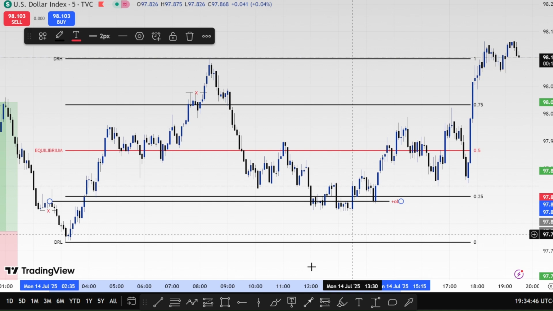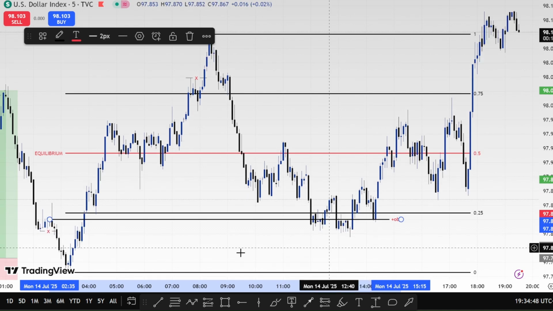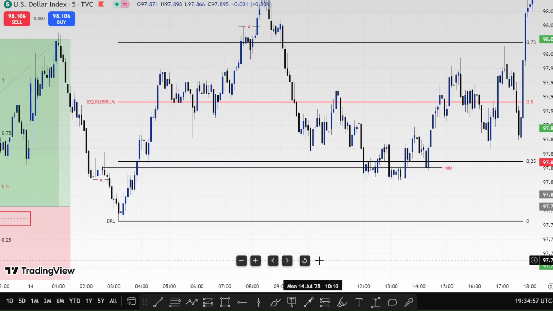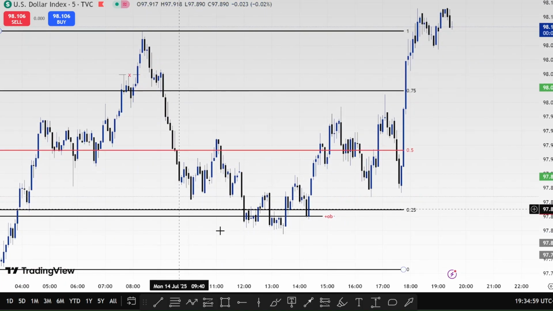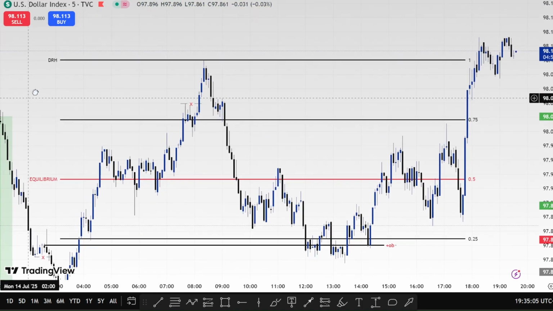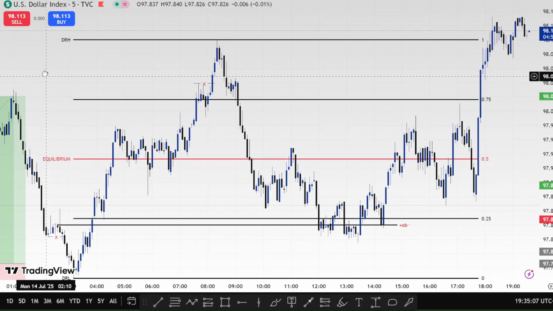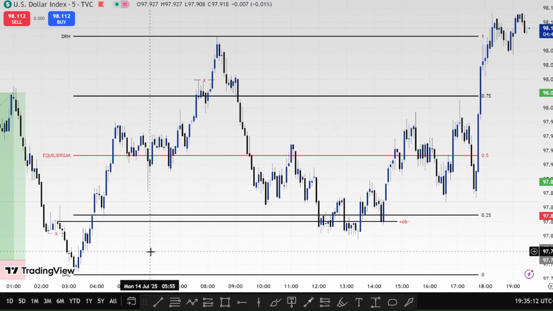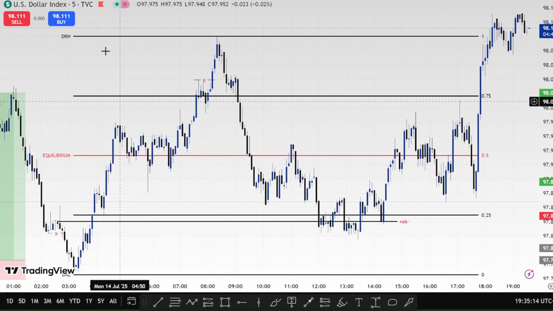Understand? So then I go again, I look for what? Fair value gaps. Remember, I'm looking for discount at the discount side. In order to succeed with this, whenever you have a bullish bias on a daily range, you need to go to the discount side to look for your entry. If you go down, you look to the premium.